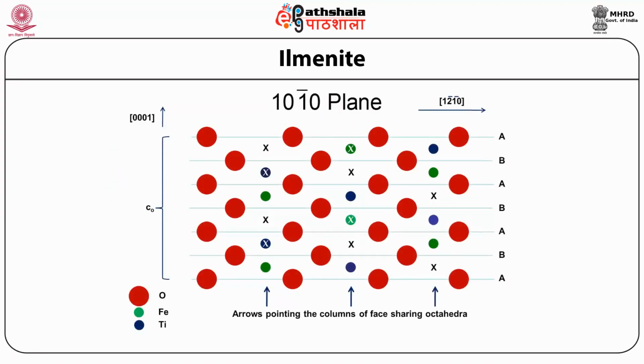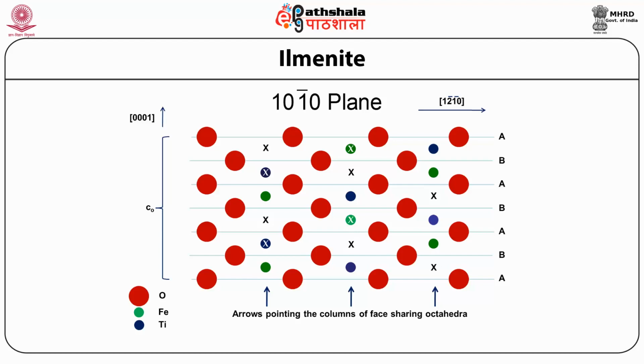Now, a side view of the structure of ilmenites on the 101 bar 0 plane is shown below in this slide. This shows the columns of cations along the C-axis with 2/3 filling of octahedral sites, which are alternately filled by iron and titanium ions and then followed by vacant sites.